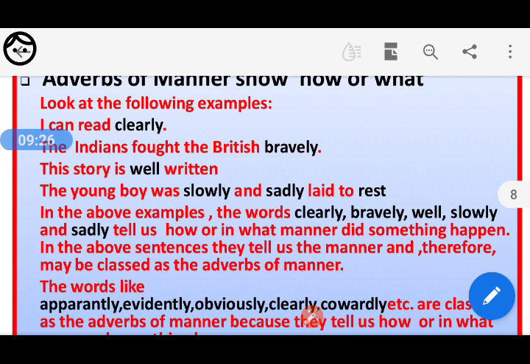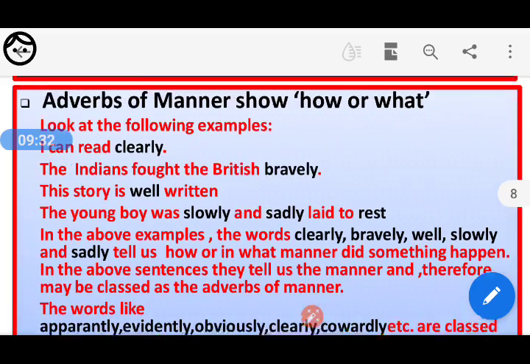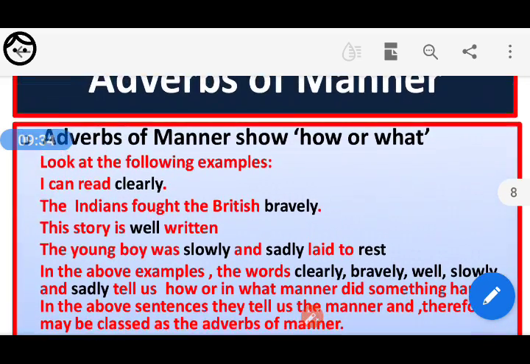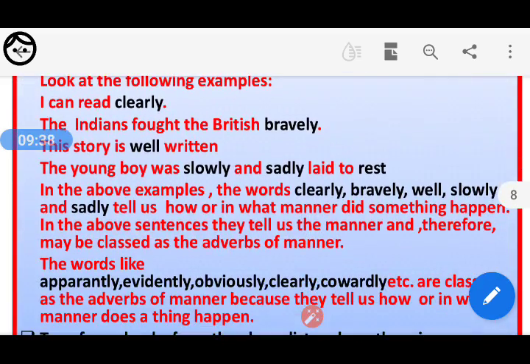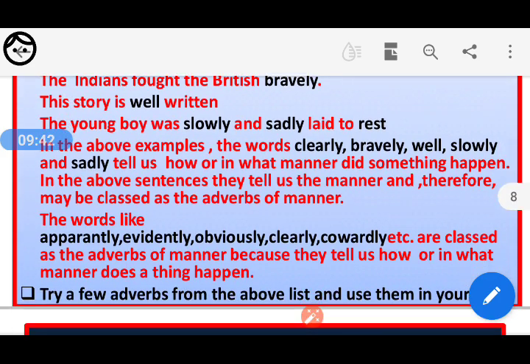The words like apparently, evidently, obviously, clearly, covertly tell us the manner, therefore they are the adverbs of manner. Please use them, okay? Because they tell us how or in what manner a thing happens.